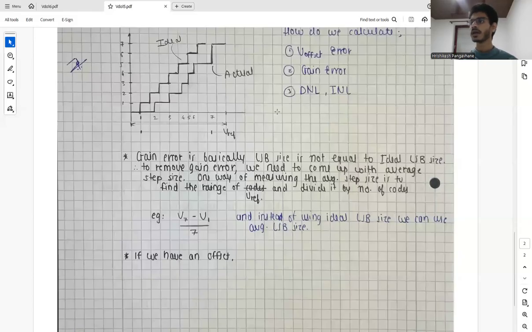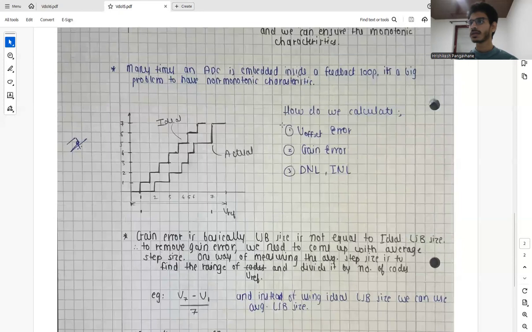Yeah, perfect. So yes, we talked about the gain error, but we left at V offset error. What we basically do is we try to imagine a line, or create a line, which is straight in function.